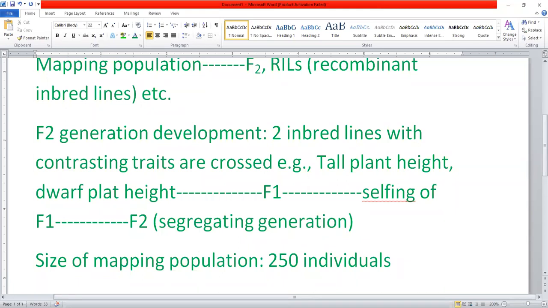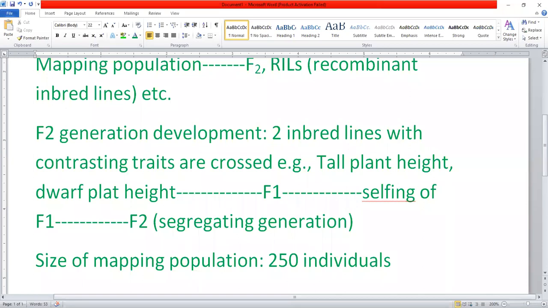Then in the next step, we will extract the DNA from these 250 plants of the F2 generation. And then we will select a suitable DNA marker system.